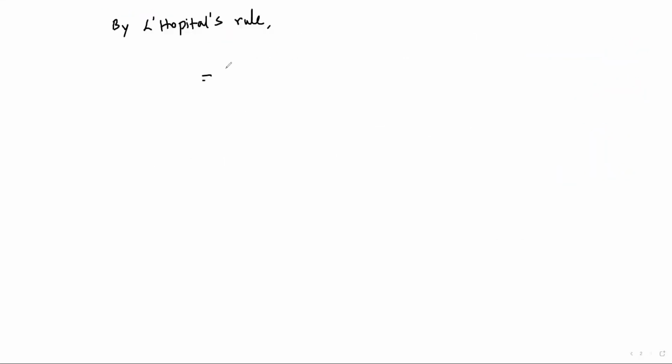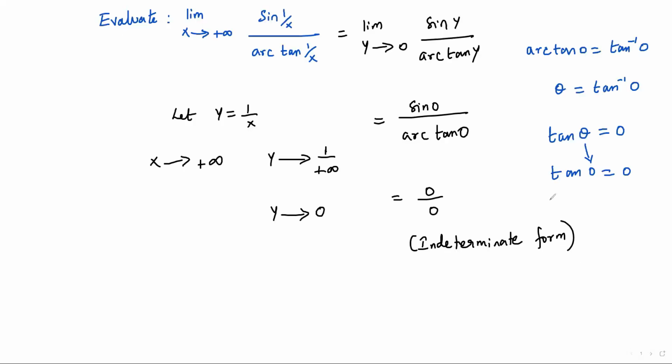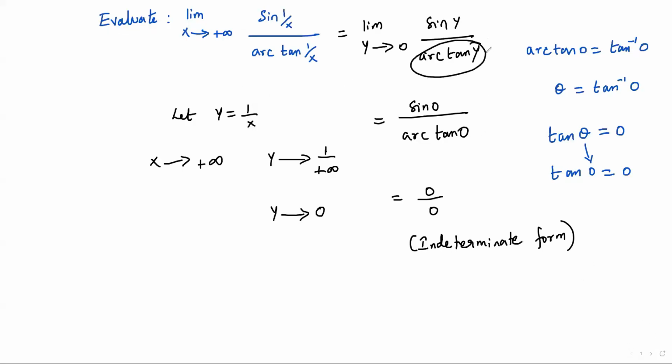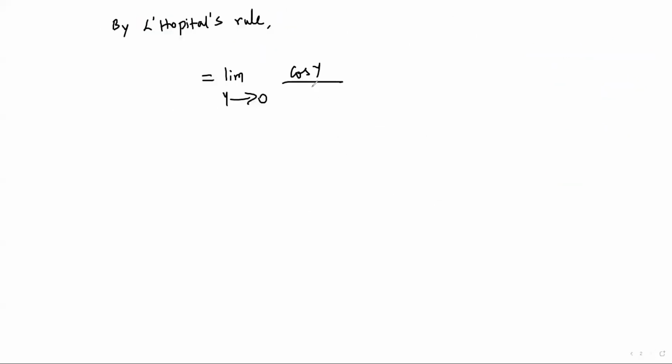So limit y tends to 0. If I find the derivative of sine y with respect to y, it will be cosine y. And if I find the derivative of arctan y, that is 1 over 1 plus y squared. Now I can apply the limit for y, that is 0.